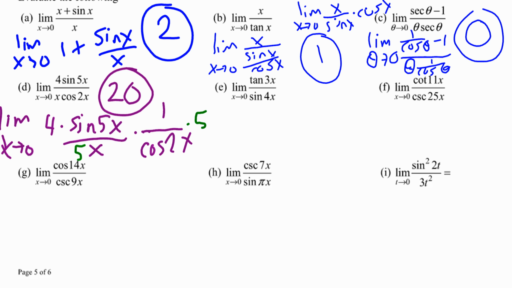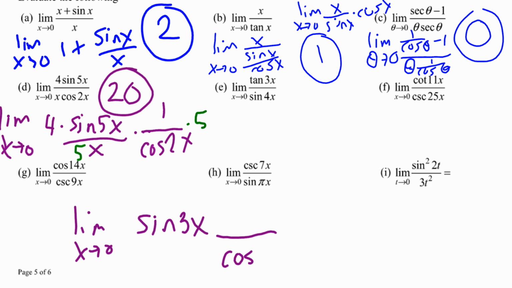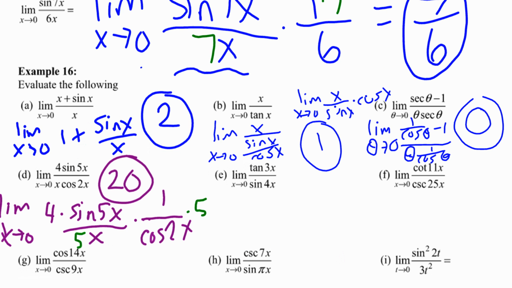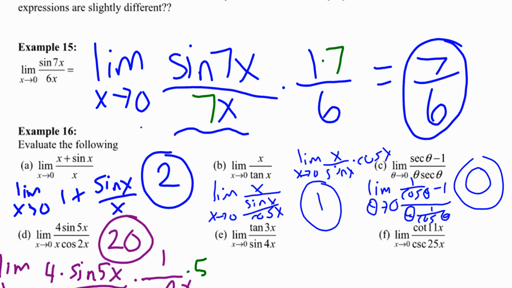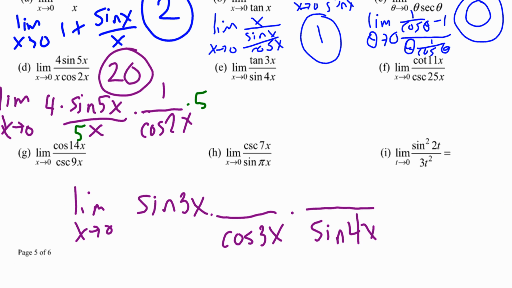Okay, here, again, I'm going to write lower just to have a little bit more space. We have the limit as x approaches 0. Tangent, I'm going to write that as sine of 3x over cosine, but I'm going to spread those out. And then I already have a sine of 4x in the bottom. Okay, in this case, we can use that idea from our last example, never mind, we'll go back to this.